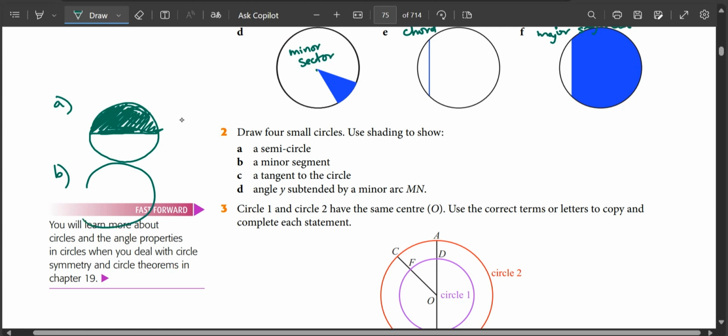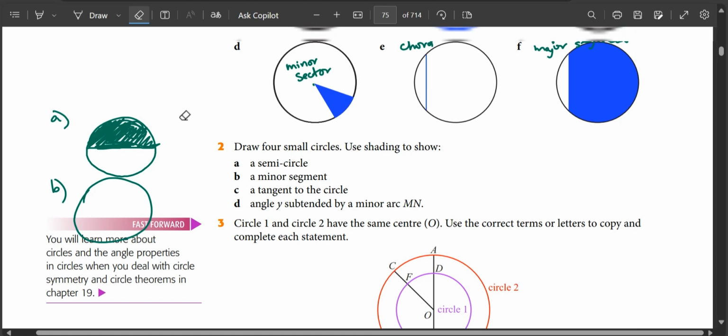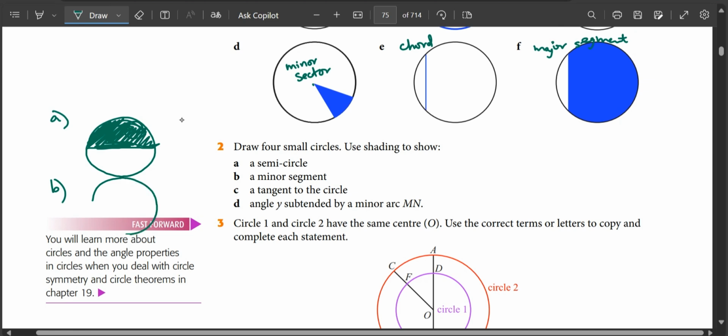I hope you can just imagine that this is a pretty circle, which I can't make properly. A minor segment has to be something that is exactly half cut. It should be less than the major part.